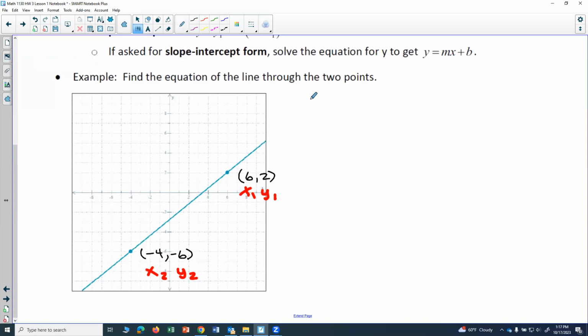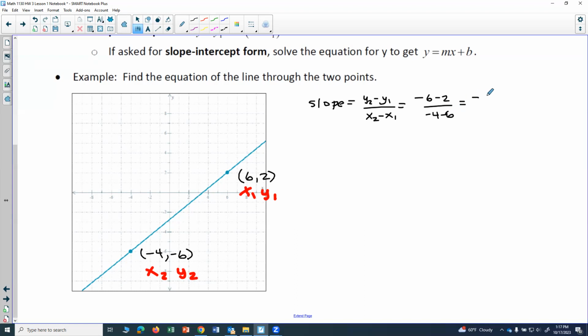Okay, so I'm going to go ahead and start by finding the slope. I'm going to use the form that we learned in the previous video, y2 minus y1 divided by x2 minus x1. So change in y over change in x. I'm just going to plug in the points that I found here. So y2 in my labeling is -6. y1 is 2, so I'll have -6 minus 2 divided by x2, which is -4, minus x1, which is 6.